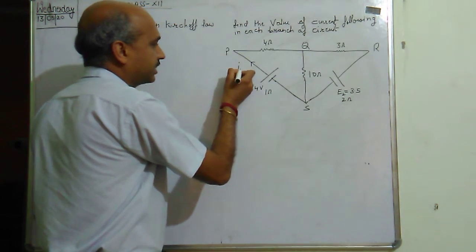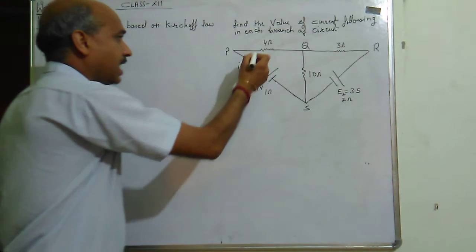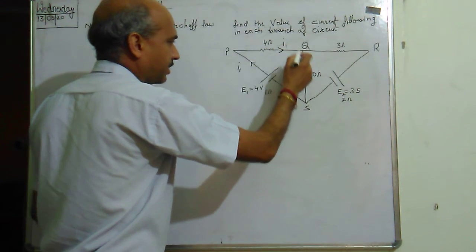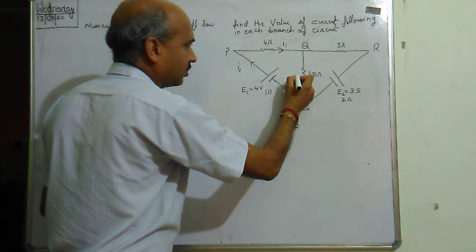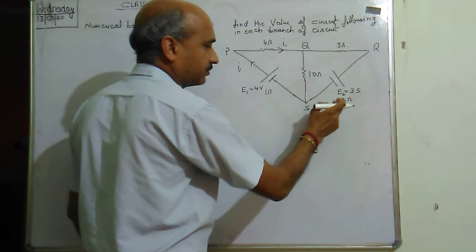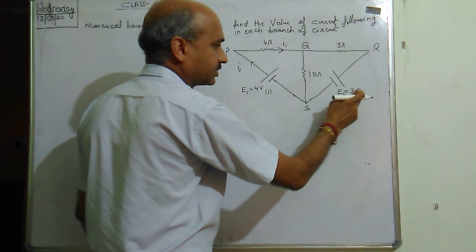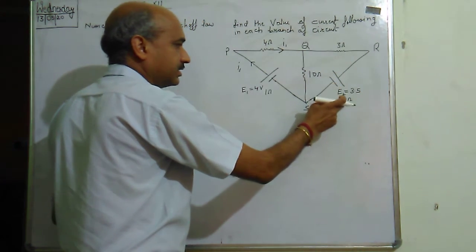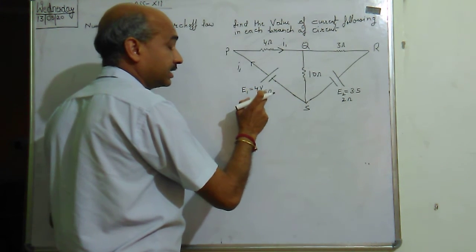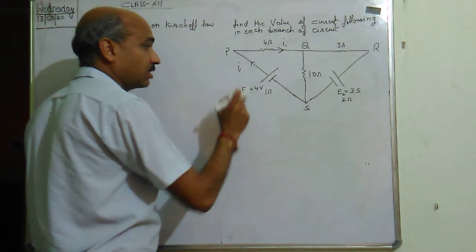Suppose the current I1 is flowing from here, I1 reaches here, यहाँ पे I1 जाएगा, ओके यहाँ पर भी I1 आएगा. Similarly, when we start from battery 2, the EMF of the battery is 2.1 and its internal resistance is 2 ohm. This is battery E1 and its internal resistance is 1 ohm and it is of 4 volt.